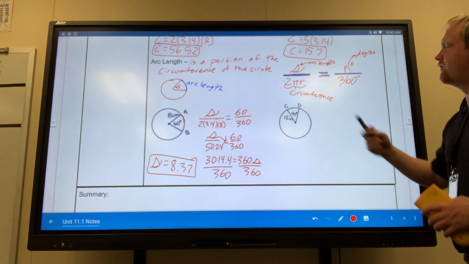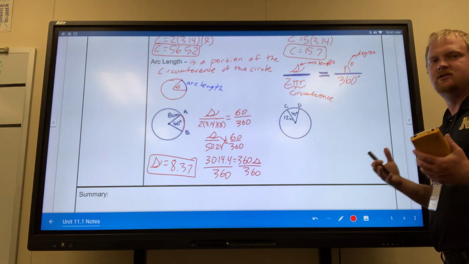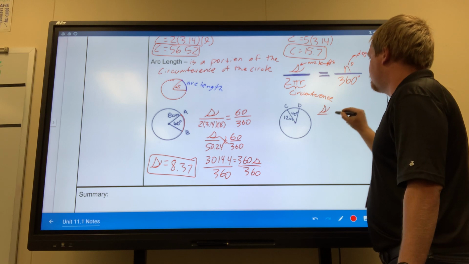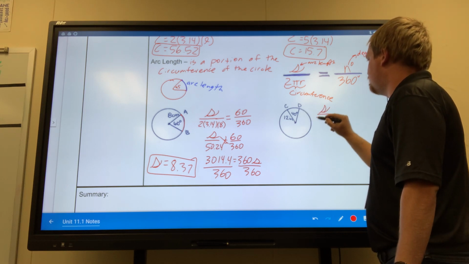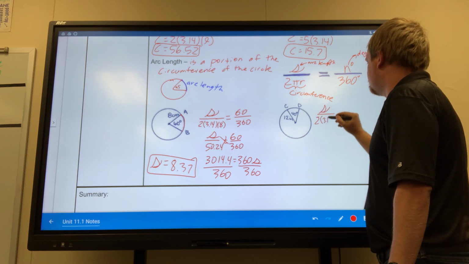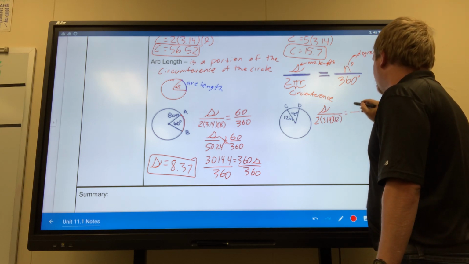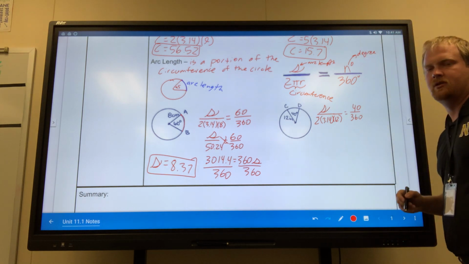Now, if I look at this right here, same idea. I want to find the arc length of CD. I know my radius is 12. I'm looking at 40 degrees over 360.